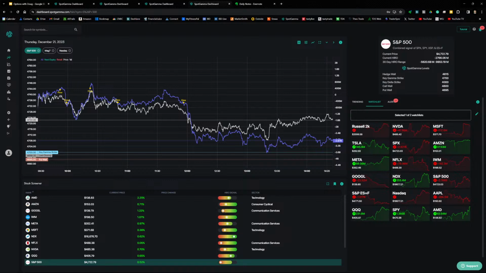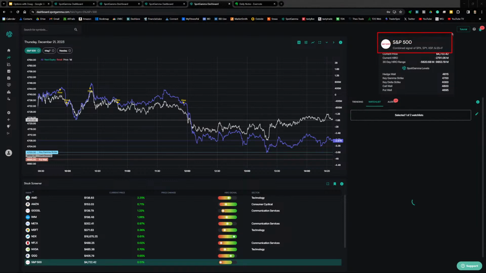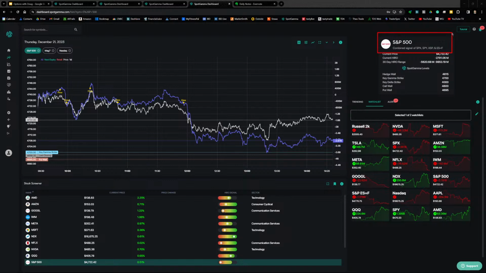So this is the combined signal for the S&P 500, SPX, SPY, XSP, ES futures. So when traders buy and sell calls in all these instruments, market makers will hedge those trades with ES futures. That's the most efficient way for them to hedge the S&P 500. So that's why I look at this combined signal for ES futures.